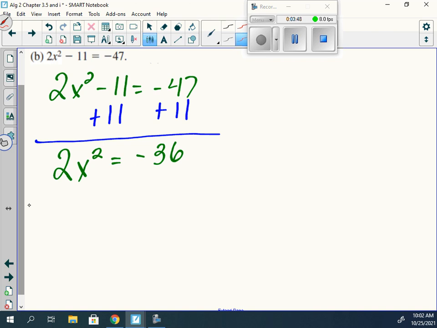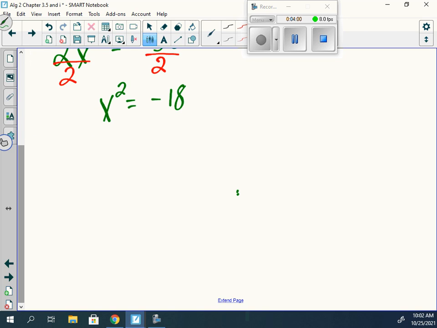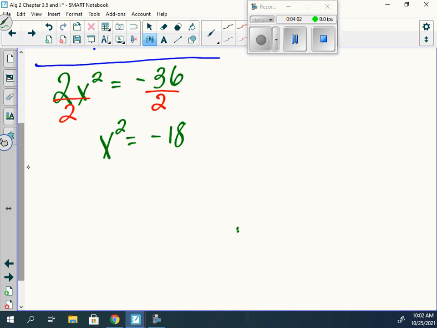And then what would we do next? Divide both sides by 2, which tells us that x squared is equal to negative 18. And our next step would be to square root both sides.